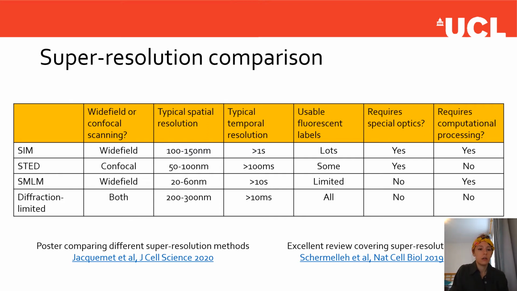And a lot of the time, diffraction limited is a very good way to go. I know I've come into these talks saying super resolution is great, it lets us fill this gap in resolution between fluorescence and electron microscopy, but all of these methods do have quite strong drawbacks.